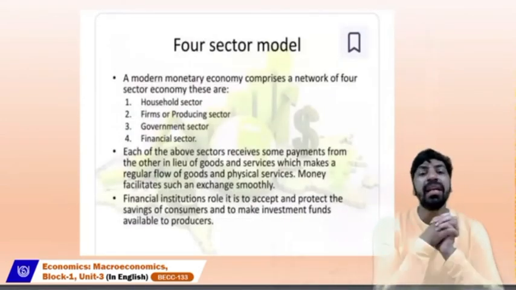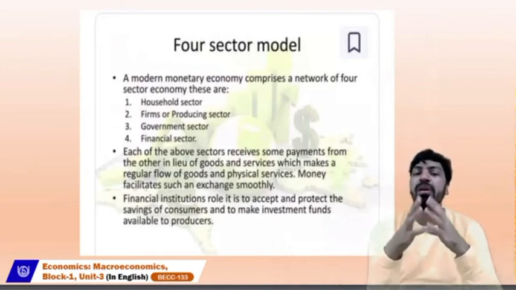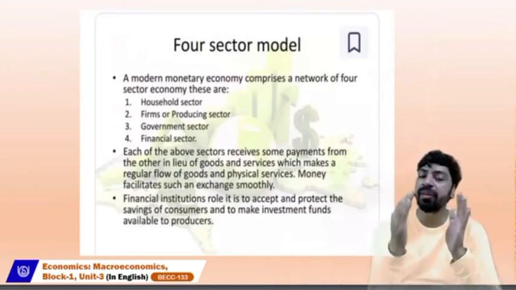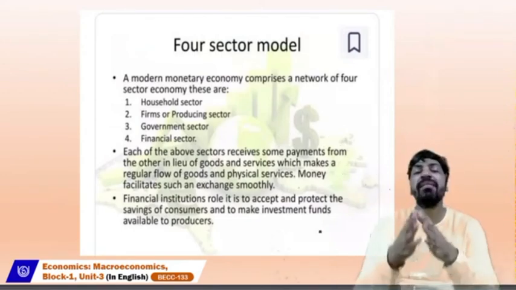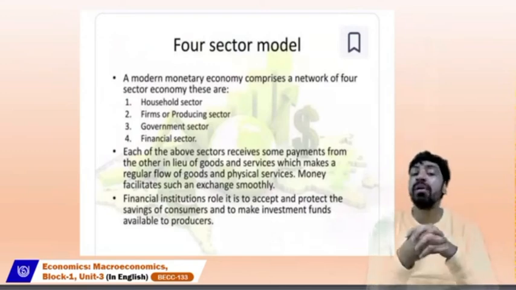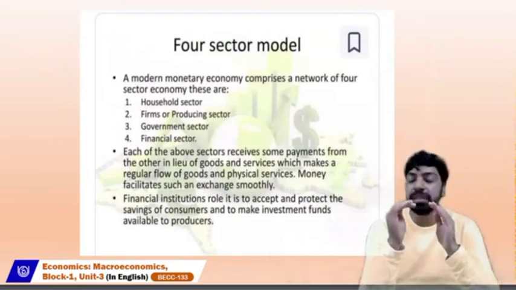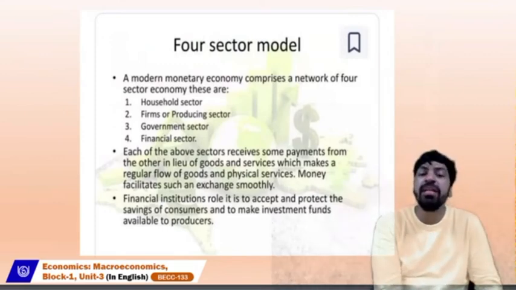So let's begin the four sector model. When we talk about the four sector model, the three main sectors are automatically included, and whatever roles they play in that model remain the same in the four sector model, and the new component added is the financial sector.